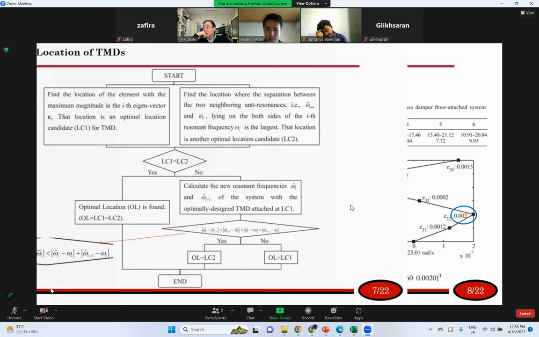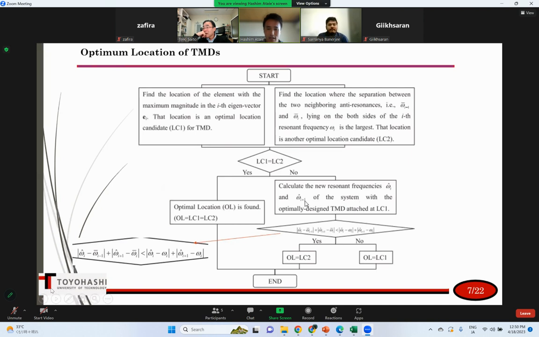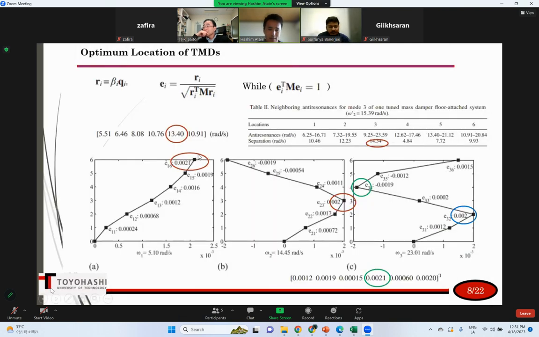So we put the first TMD on the top floor, calculate the frequencies of the first and second modes, and use this formula to decide if it is smaller or larger. In this example, it is not smaller than the right side, so the optimum location is the same as the first approach, the sixth floor.